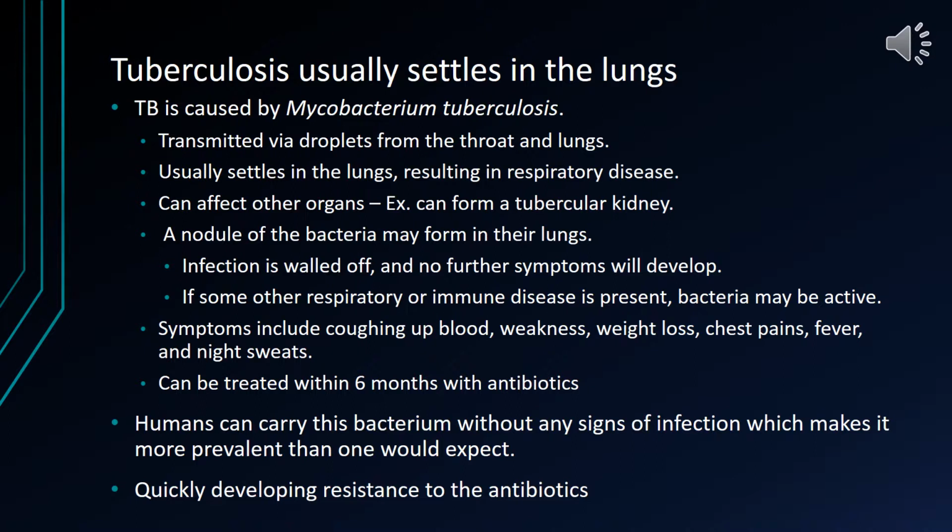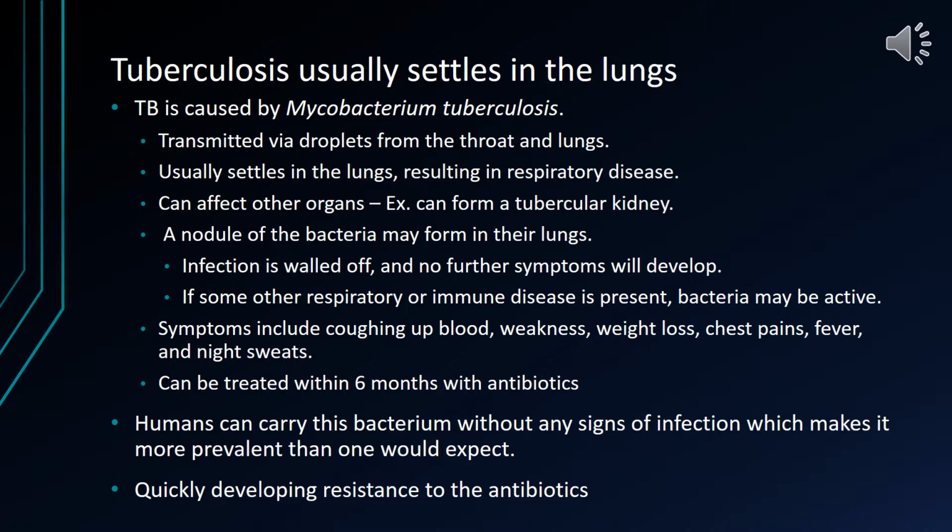When tuberculosis enters the lungs, it may form a nodule of bacteria within the lungs, and when this happens, the infection is walled off and no further symptoms will develop. However, if some other respiratory or immune disease is present, this may activate the bacteria, leading to tuberculosis.